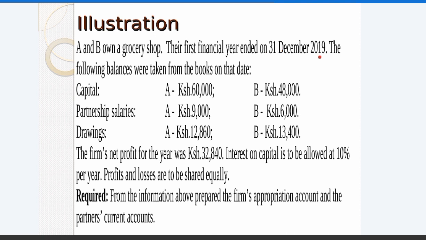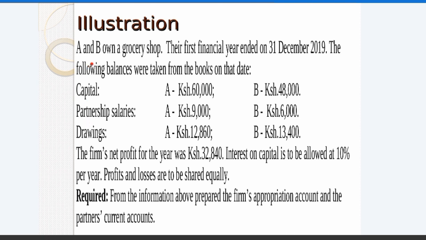And at that date, the balances were as follows. The capital of A was 60,000, that of B 48,000.